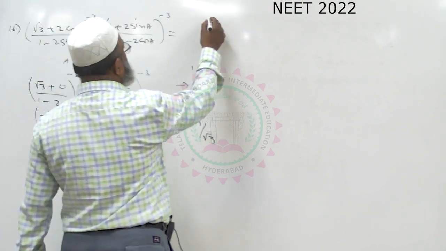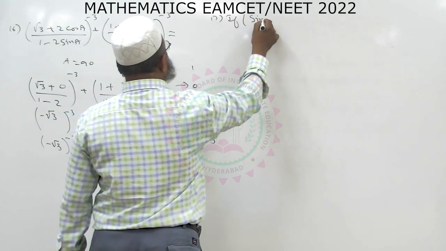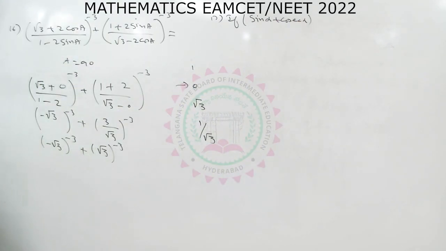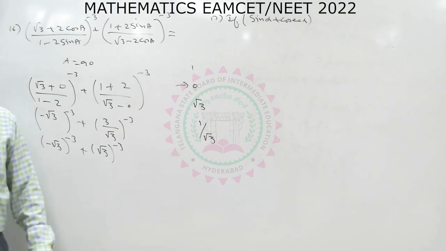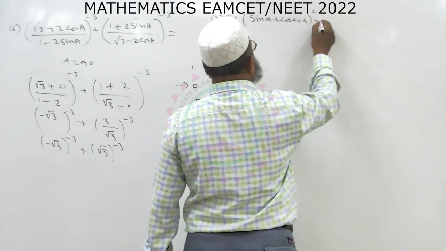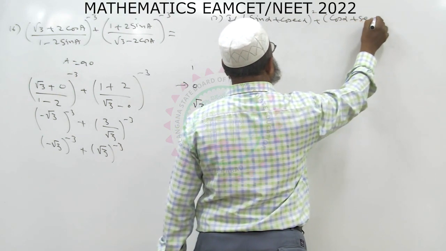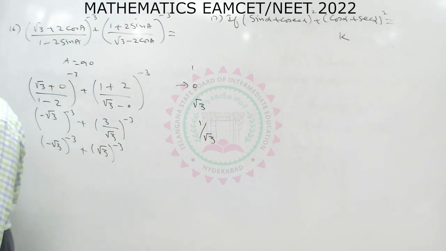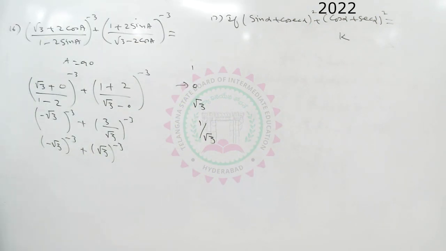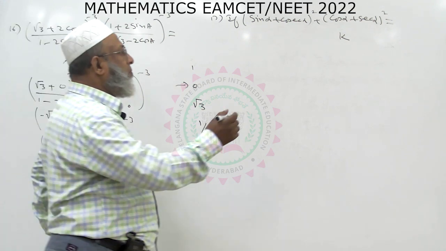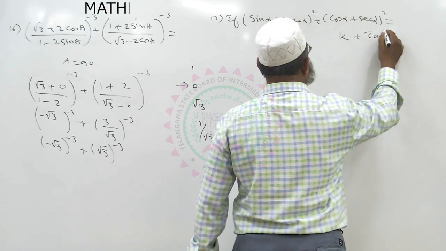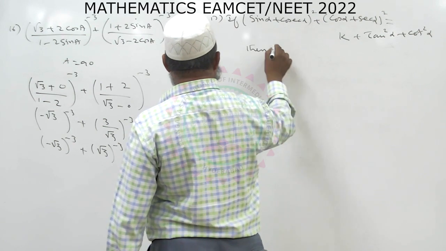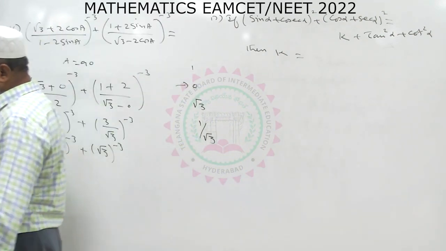Next question is, if (sin alpha plus cosec alpha) whole square plus (cos alpha plus sec alpha) whole square is equal to k plus tan square alpha plus cot square alpha, then k is equal to.